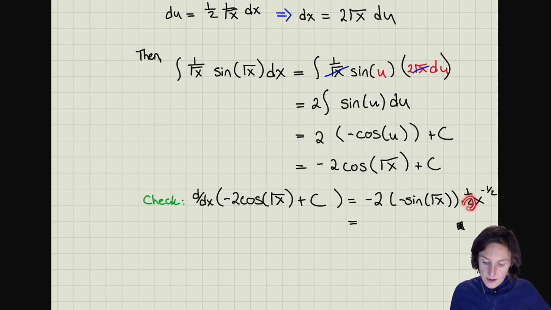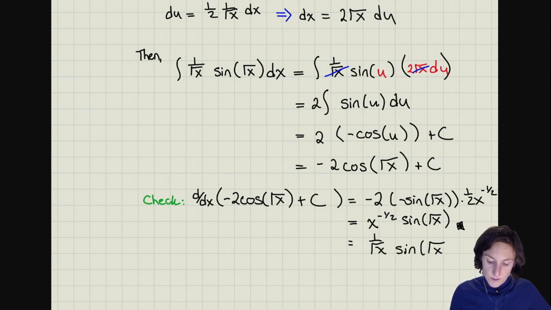Okay, so this half here cancels with that 2. This negative will cancel with this negative, so that goes away. And I'm just left with x to the negative 1/2 sine root x, which in other words means 1 over root x sine root x, which is exactly what I started with. Okay, so I know that I did the right thing.